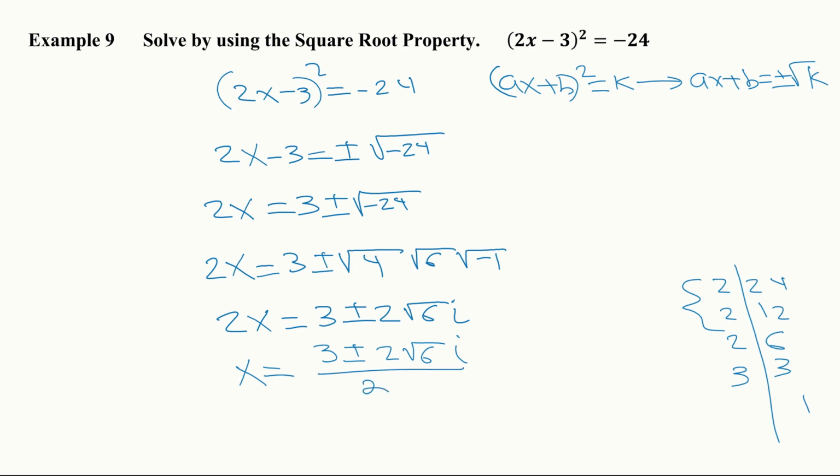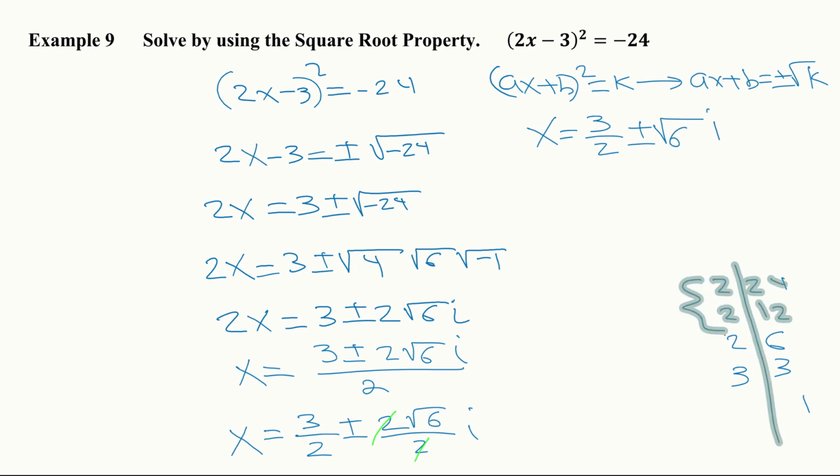Now, we could leave it like that, but it's better if you go ahead and split them up. So we get 3 halves plus or minus 2 radical 6 over 2 i. Notice that these 2's cancel out. So we end up with x equals 3 halves plus or minus square root of 6 i.